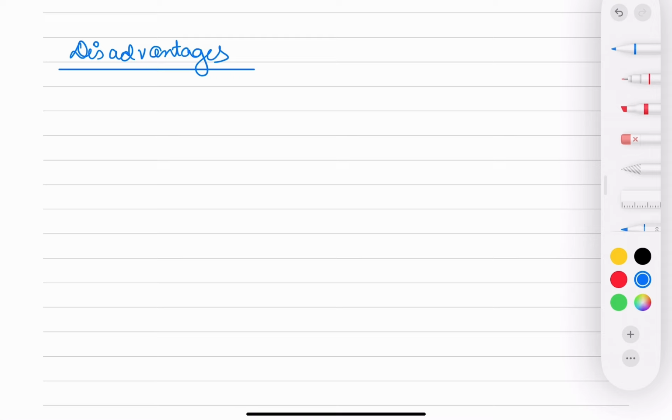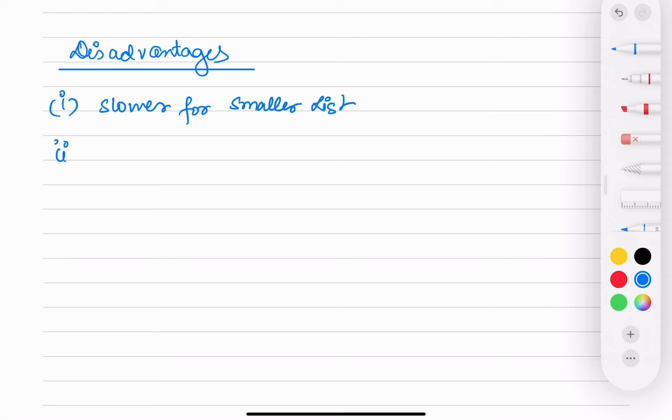So the first point is that it is slower for smaller lists than other algorithms, like quicksort.